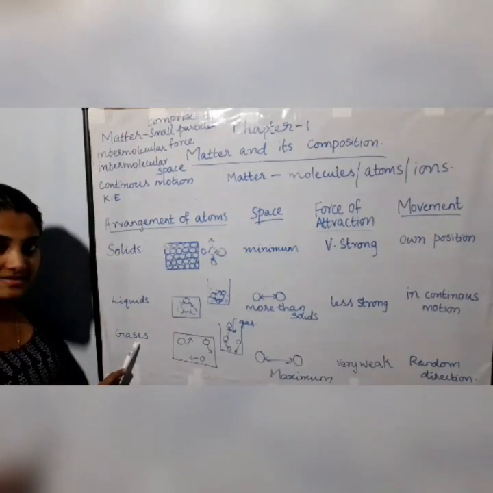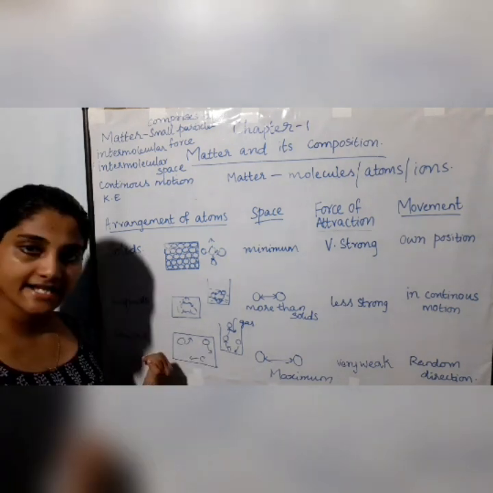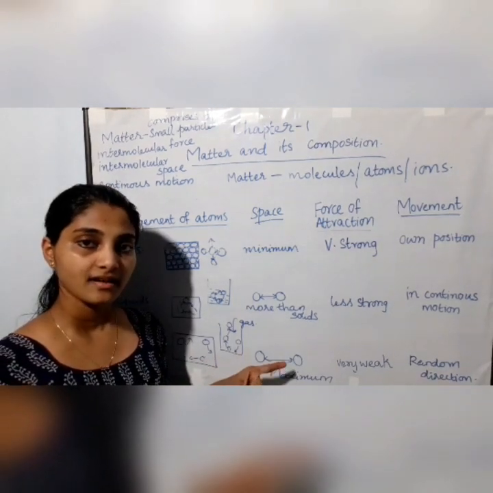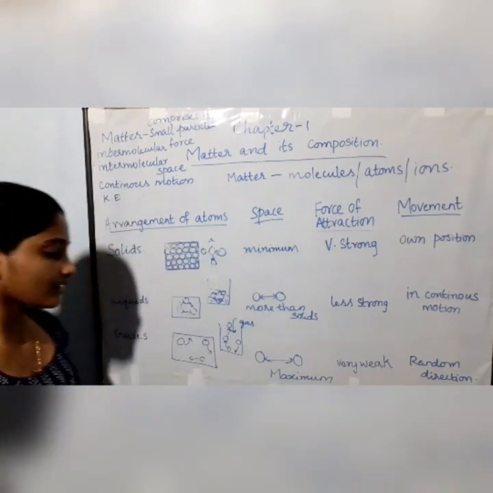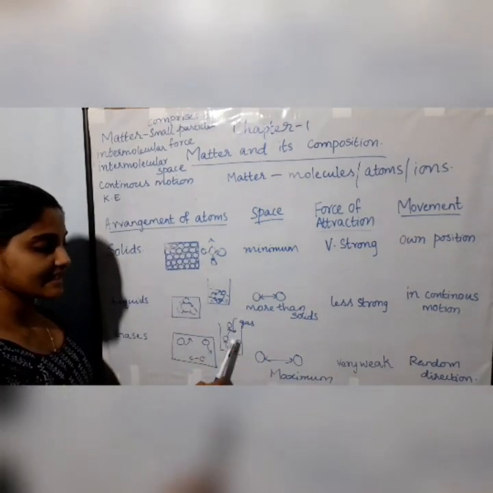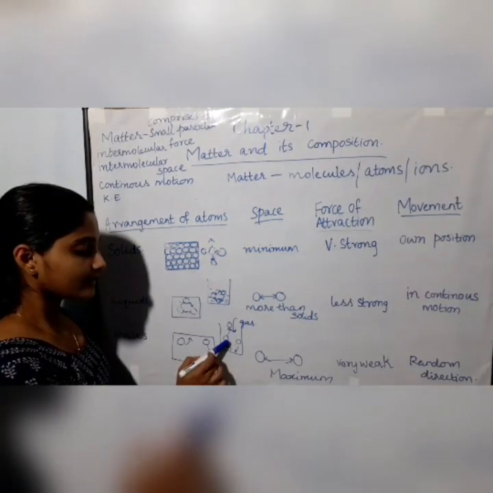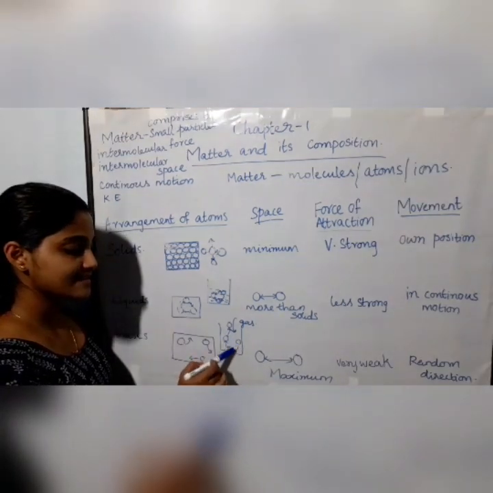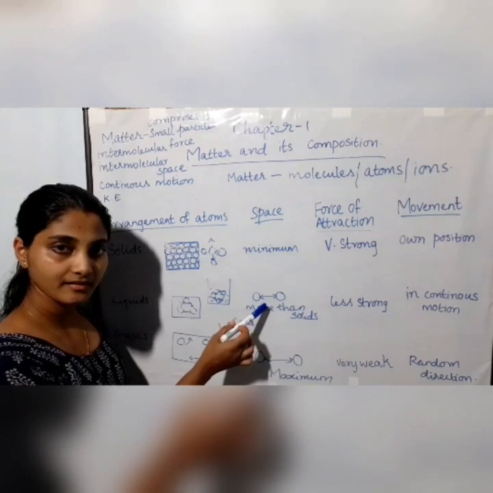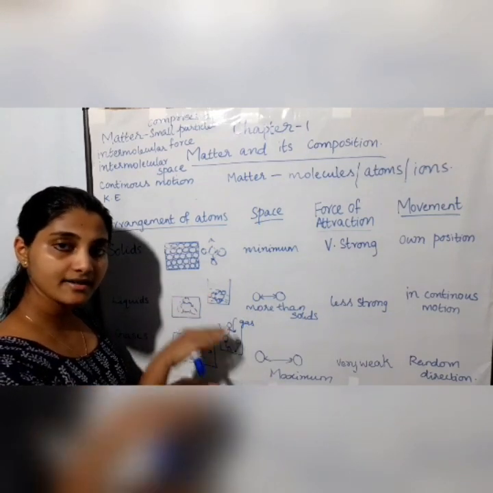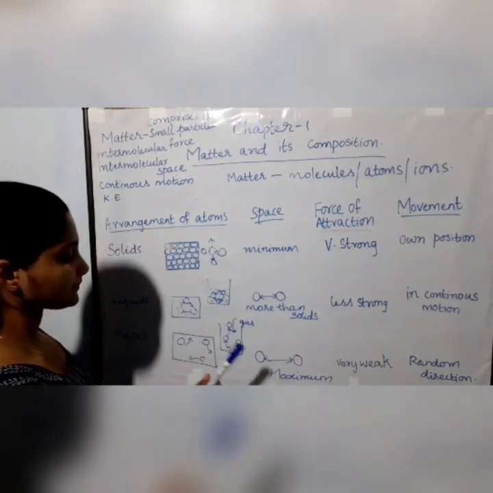And in case of gases, these particles are far apart from each other. So in case of gases, the movement of these atoms or molecules is random motion. If you try to take a gas in a beaker, you can see that the particles of the gas, the molecules or atoms, come out of the beaker. They do not stay inside the beaker. Why? Because they are in random motion.